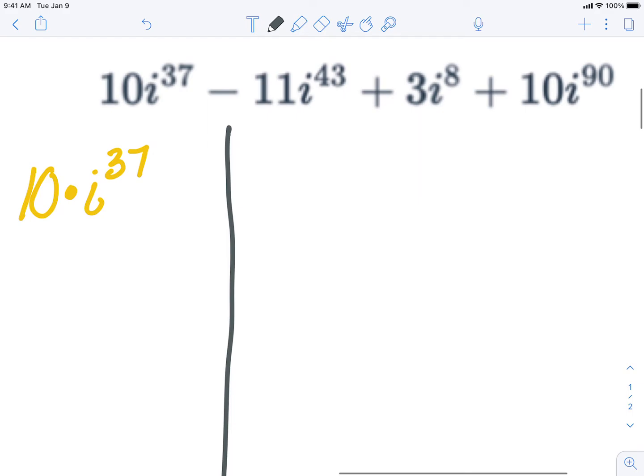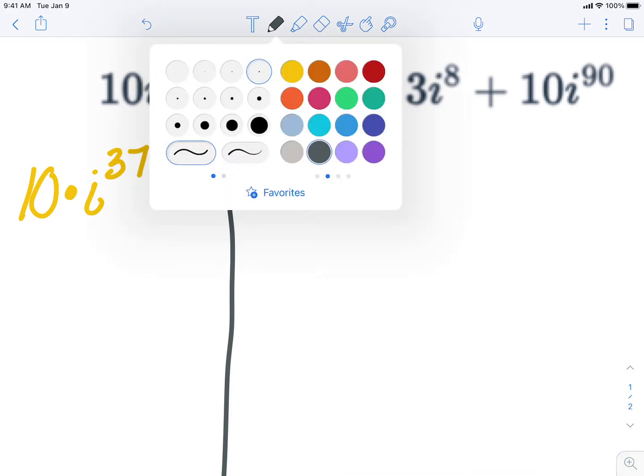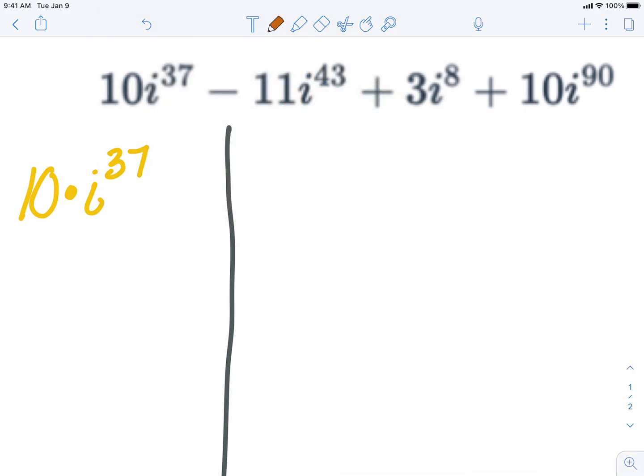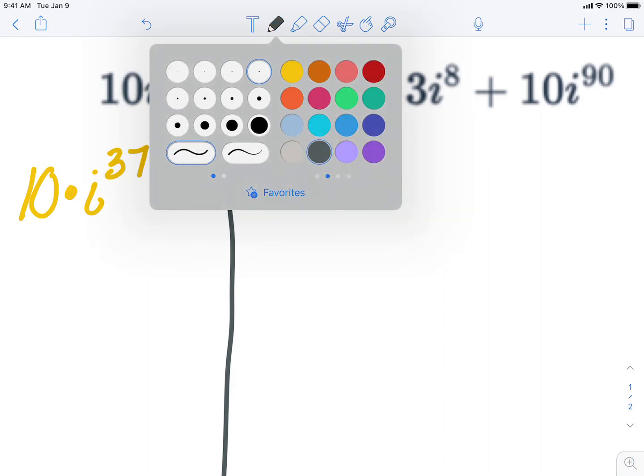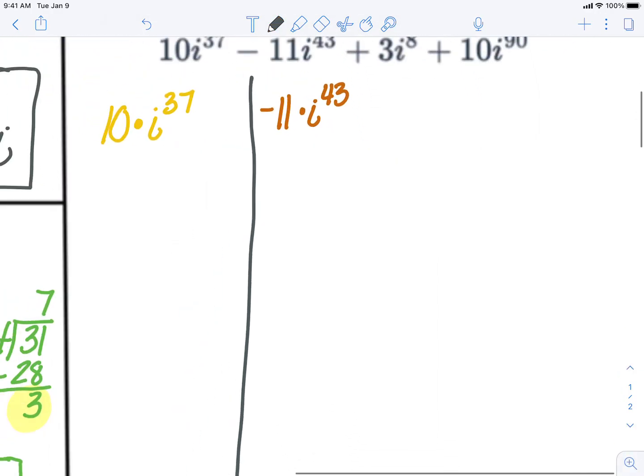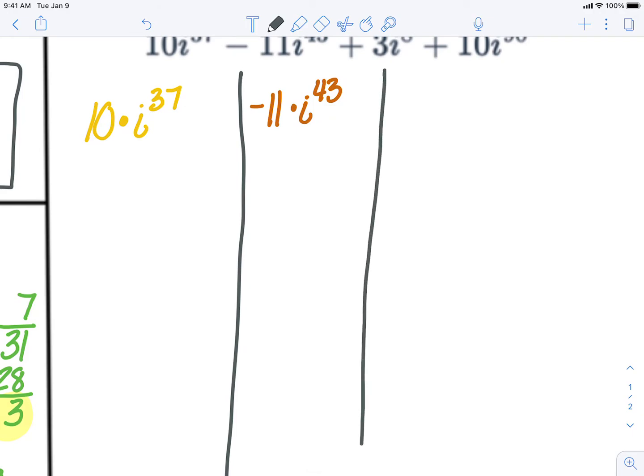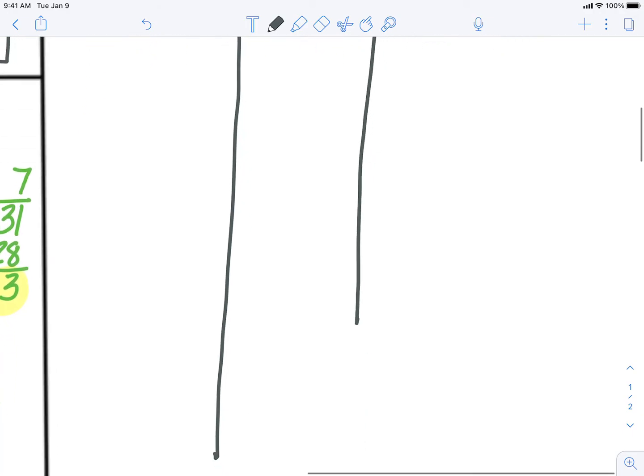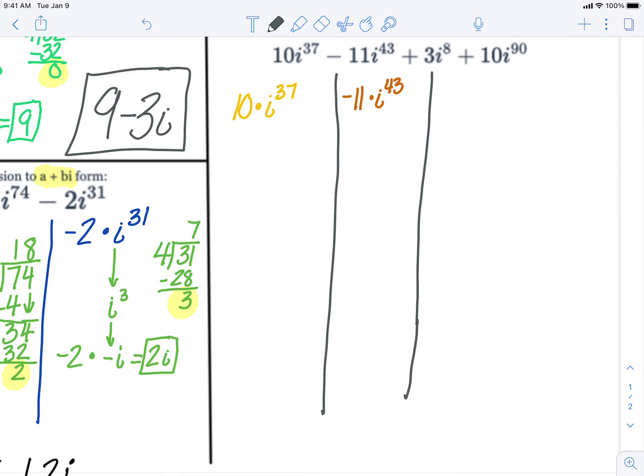Okay. Next, I'm going to do negative 11 times i to the power of 43. Okay. And I'm going to separate. This one's going to go all the way down.